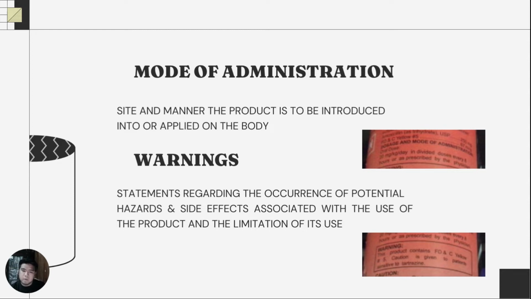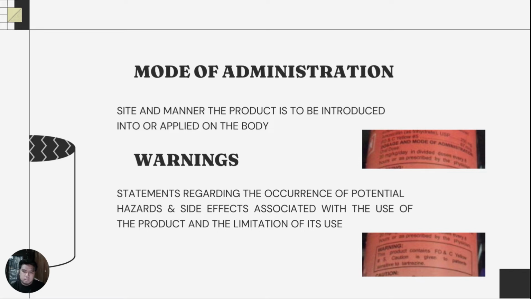This is the site and manner of the product is to be introduced into or applied on the body. In our product, it says here that it is an oral dose. Another example would be parenterally and through injection and some more.